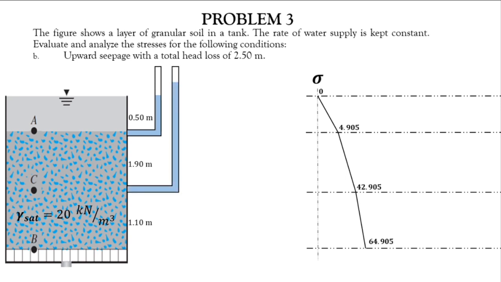Remember na sa setup natin ng upward seepage, manggagaling dito yung tubig sa ilalim, manggagaling sa point B, mag-start sa point B. Kaya, mas mataas ang energy ng point B compared to the other points doon sa soil. Kaya, dapat ang makikita nating water level sa ating piezometer pataas from point A to point B.